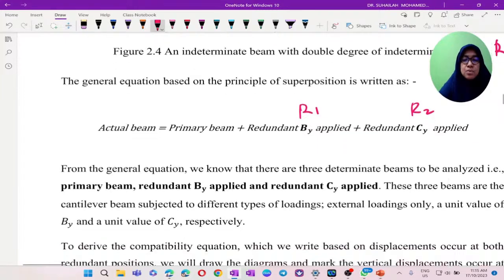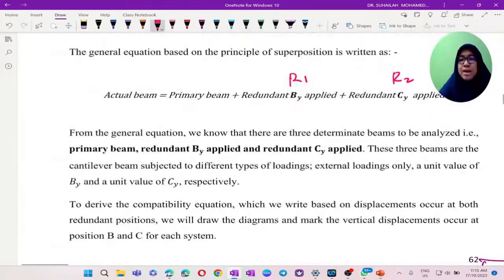Okay, so what we need to do is we have to focus on the two redundant position. The position is located at B for redundant 1, and the second position is located at position C for redundant 2.